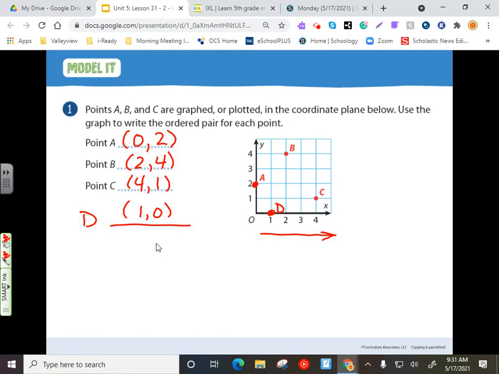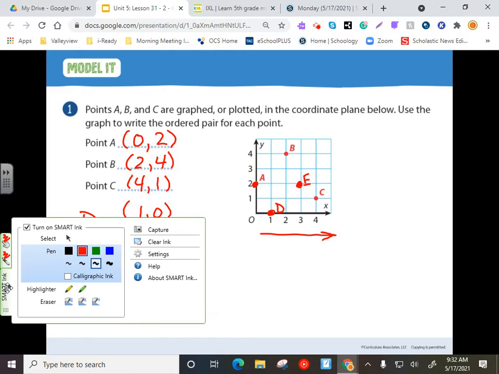And E, which was at 3, 2. And put that in there like that. Okay, so there's all of our points that we're doing. There is one more that we'll do later on, point F, once we look at the table in part 3. So we'll come back to this in just a moment.